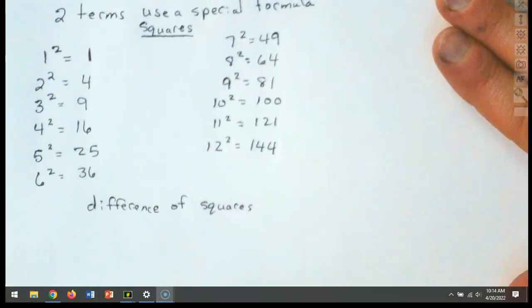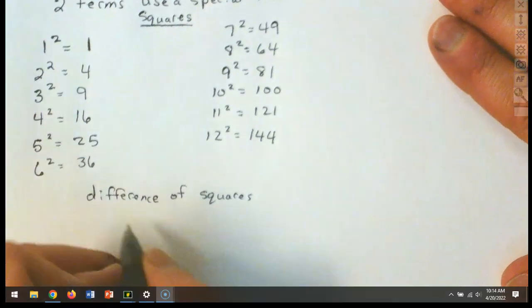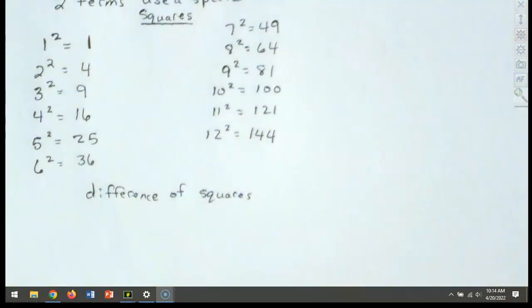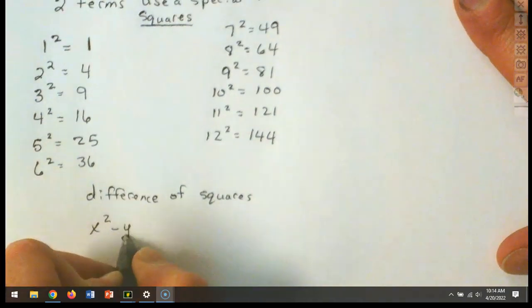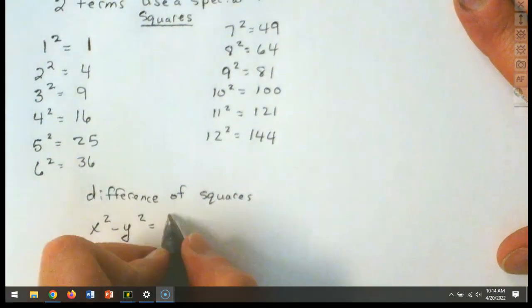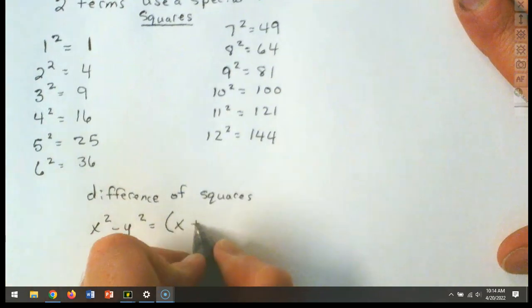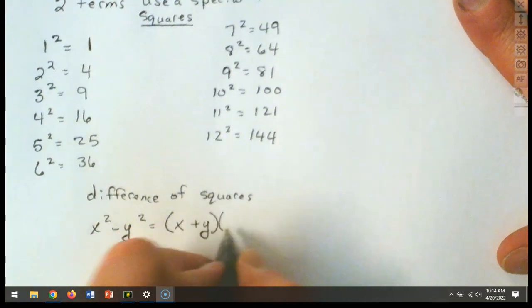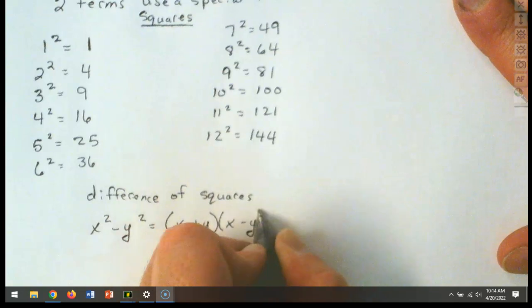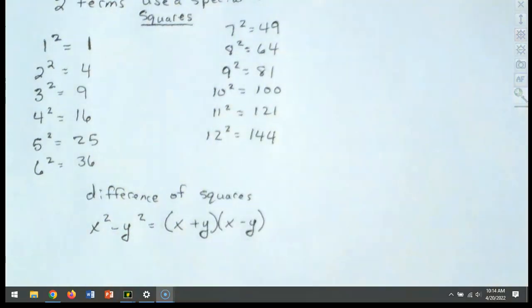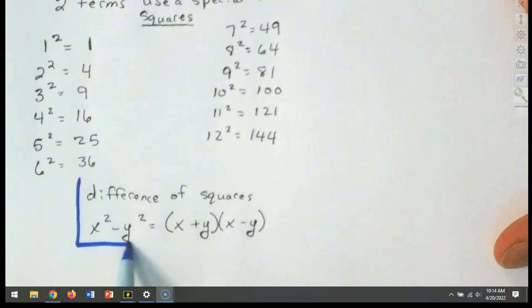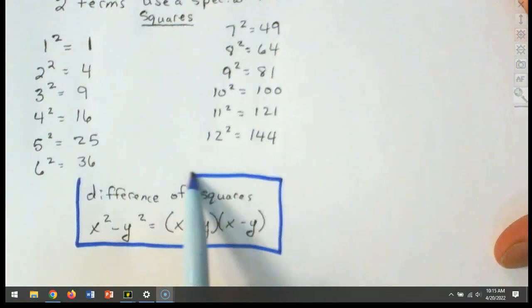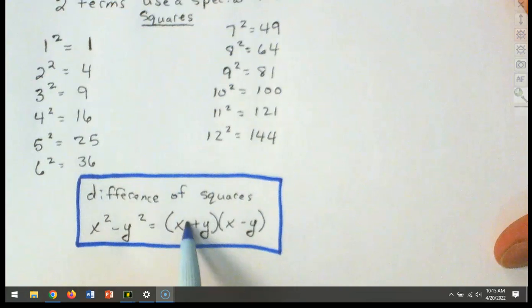And for your difference of squares, I think they use x and y. Okay, so they use x squared minus y squared. Well, that comes out to be (x plus y)(x minus y). And this is our formula. Now, when we talk about the difference of squares, the most important part of this formula is the signs.